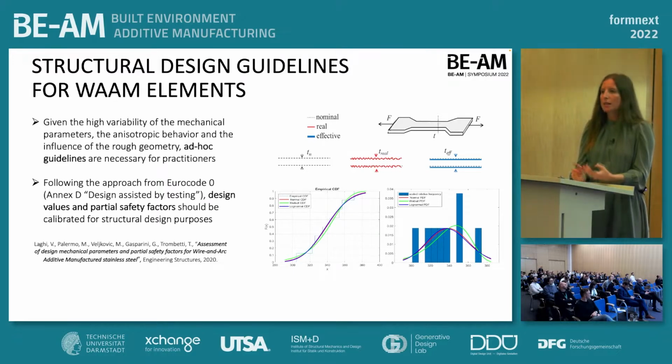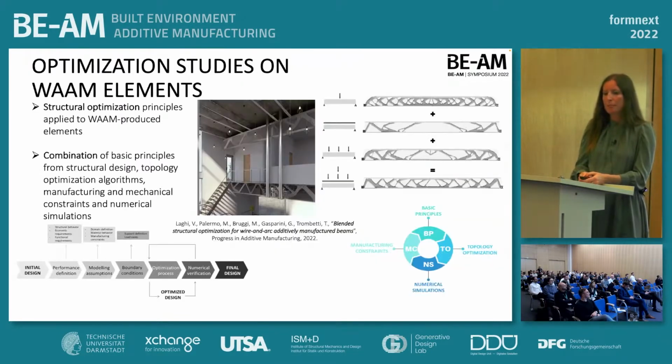So the idea here is really to recalibrate and recreate design values, characteristic values of the material strength based on the anisotropy of the material, and also create possible solutions to overcome this inherent geometrical irregularity by having a volume equivalency to have a uniform geometry along the piece.